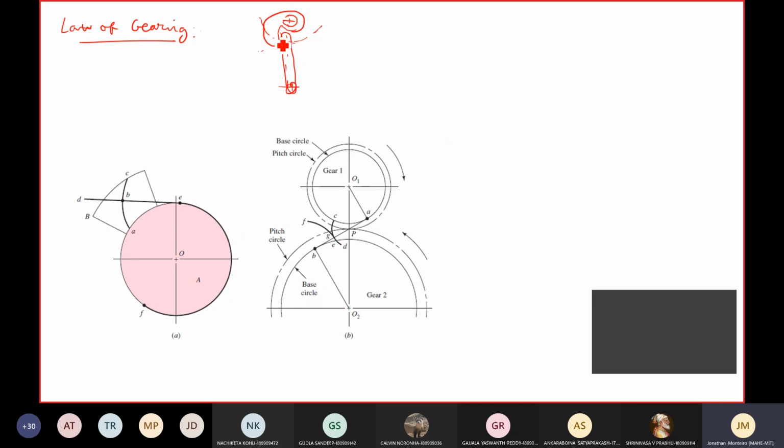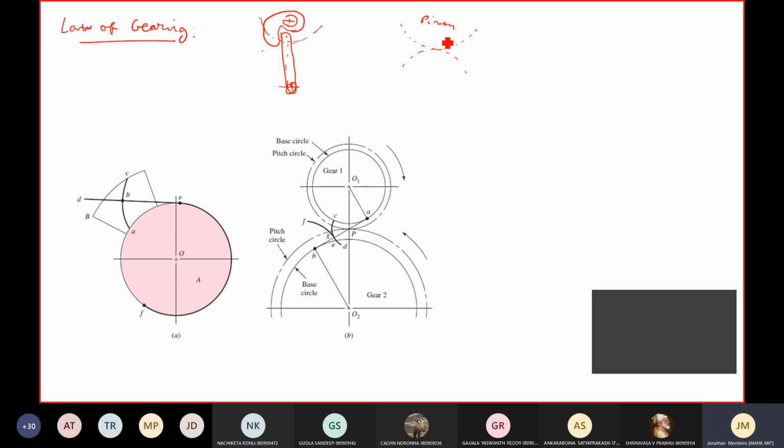So what does the law of gearing tell us? The common normal to the tooth profile at the point of contact must always pass through a fixed point. If I enlarge it here, this is the pinion, with the common normal of the tooth, and this is of the gear.